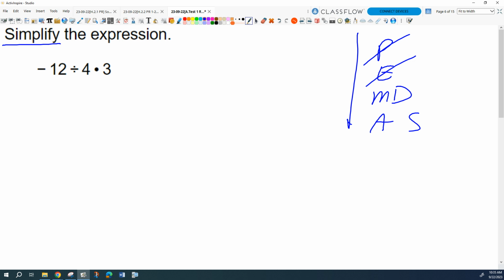No. Any multiplication and division? Yes. What do I do first? Good, I got to go left to right. Multiplication and division are equal from left to right. First thing I see is negative 12 divided by 4, which is negative 3. Then I multiply by 3 and I get, there you go, bingo.